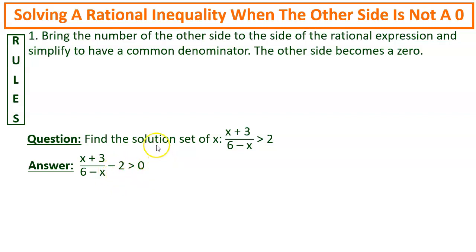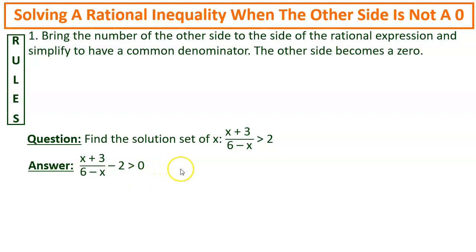So what do we do? We will be simplifying to have a common denominator. x plus 3 has the denominator 6 minus x, but this negative 2 has a denominator of 1. We have to make the denominator equal to 6 minus x. So we will be multiplying negative 2 with 6 minus x and 1 with 6 minus x.